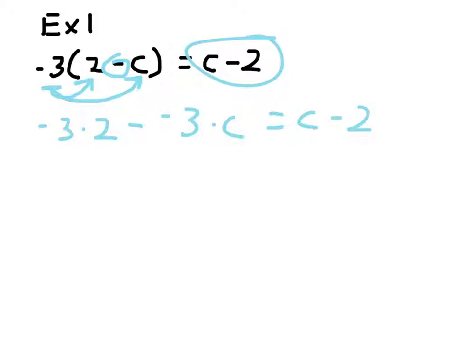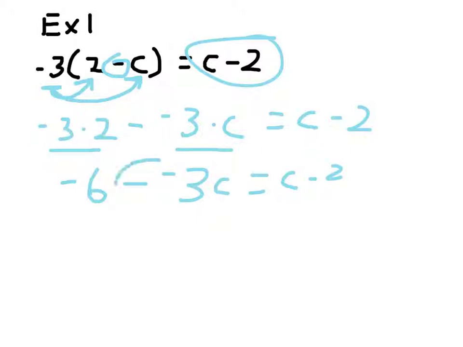On the right side, those are unlike terms, so there's nothing I can simplify. Let's continue simplifying on the left side. Multiply: I have a negative 6 minus, a negative 3 times c is a negative 3c, equals c minus 2.